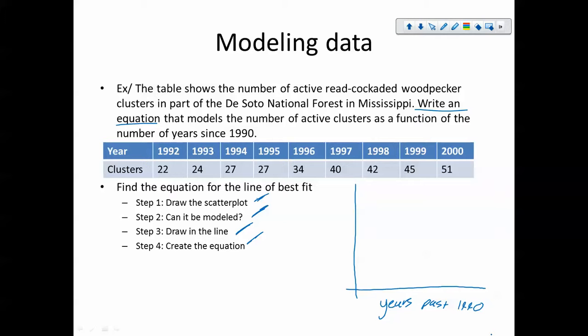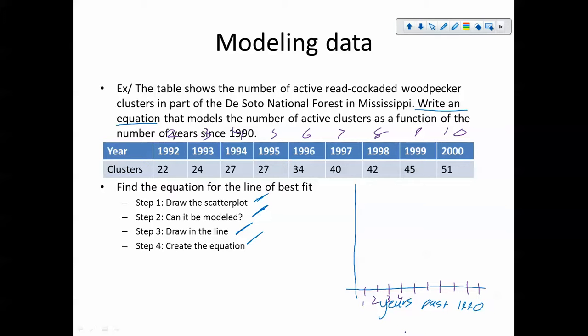That way I can mark these as 1, 2, 3, 4, 5, 6, 7, 8, 9, and 10, which is better than doing it in the thousands. And I don't have to do any special scales. It just makes it a little bit easier.